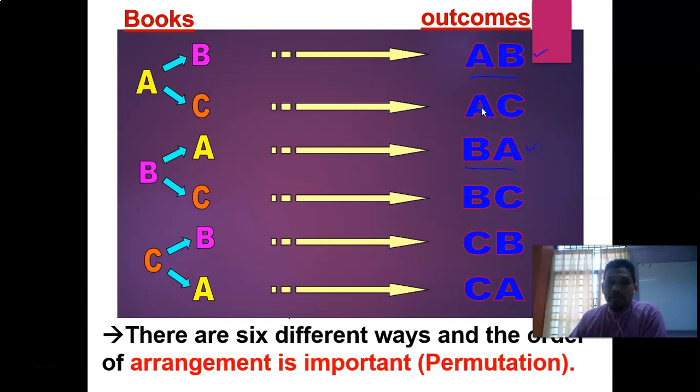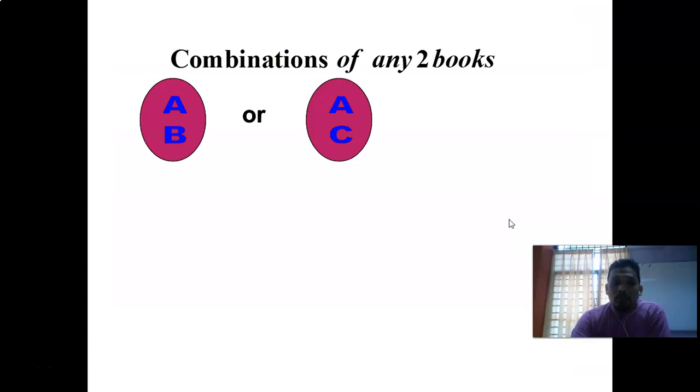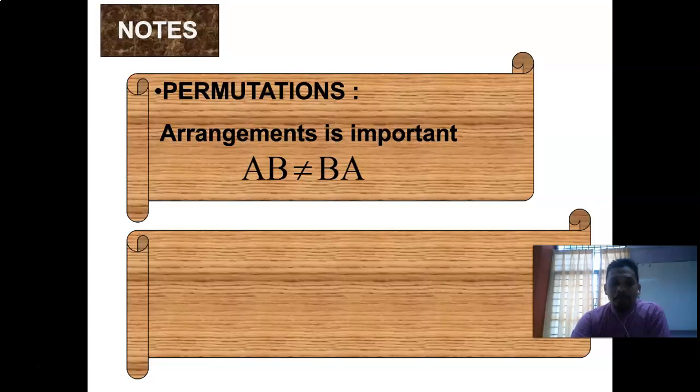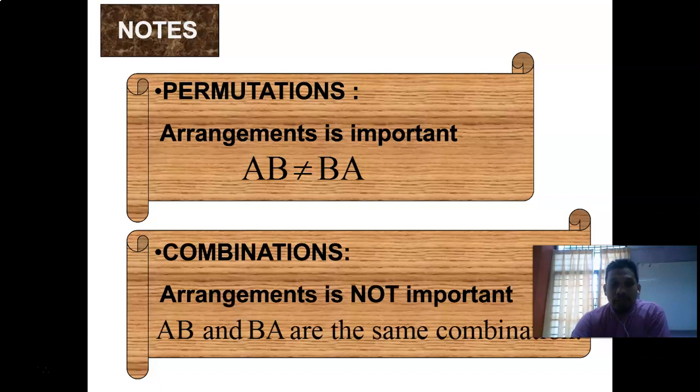What about AC and CA? Another 1 selection. And also BC with CB. The number of combinations of 2 books out of 3 is equal to 3. If arrangement is important, AB does not equal BA. Oppositely, in combination, arrangement is not important, so AB and BA are the same combination.